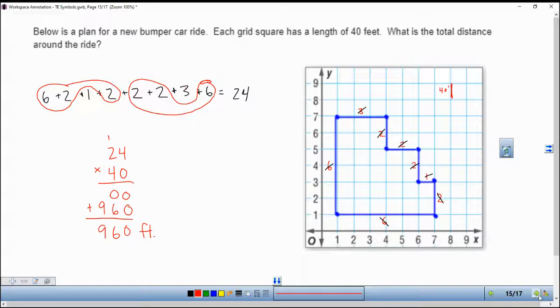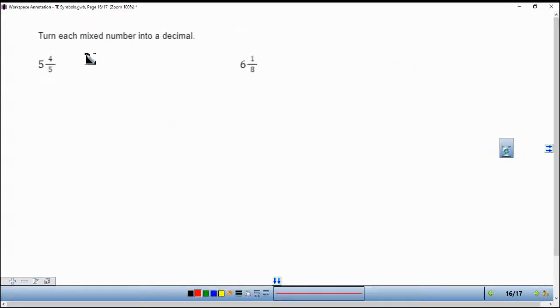All right, let's look at the next one. All right, turning a mixed number into a decimal. So there's a couple different ways of doing this. I'm going to show you both, and it depends on what kind of fractions you are working with. So 5 and 4/5. This one's a little easier because if you think about the fraction here, if you can get it to tenths or hundredths, you can easily turn it into a decimal.